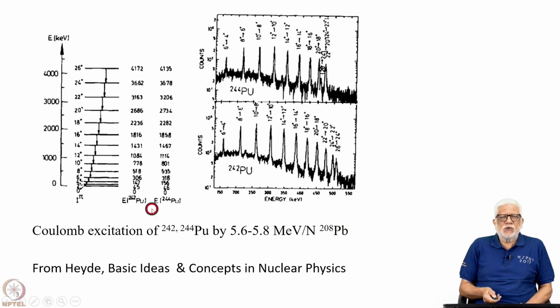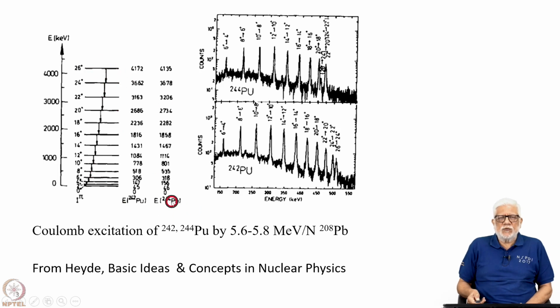So, in any case, you see these energies. It starts out with 45 keV as the first excited state, 147 keV, 306. So, the lead, as it comes by this plutonium nucleus, excites various states, and it stays long enough that it can excite from 2 plus to 4 plus, 6 plus and so on, and you can populate states up to about 26 units of angular momentum.